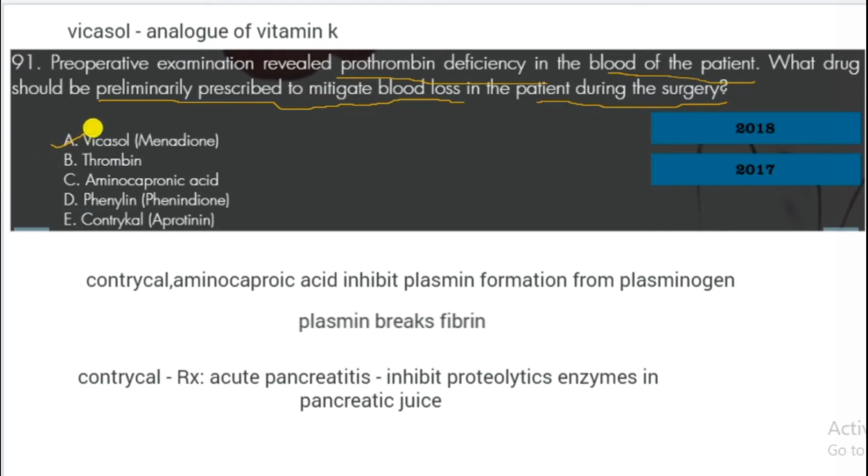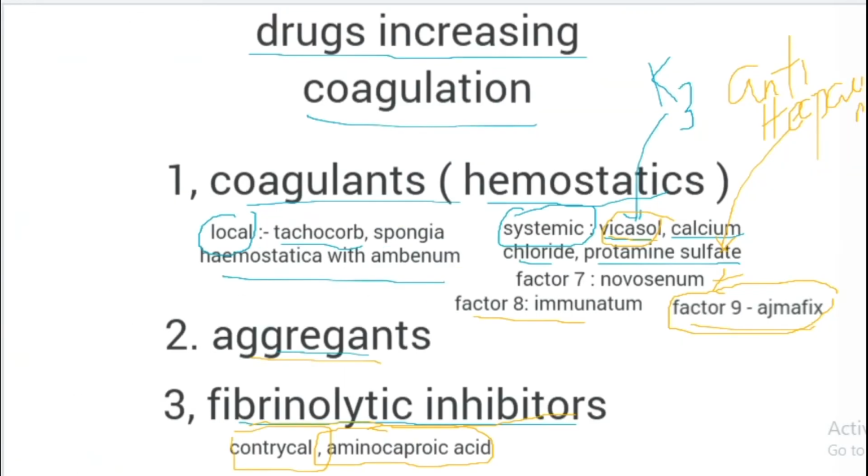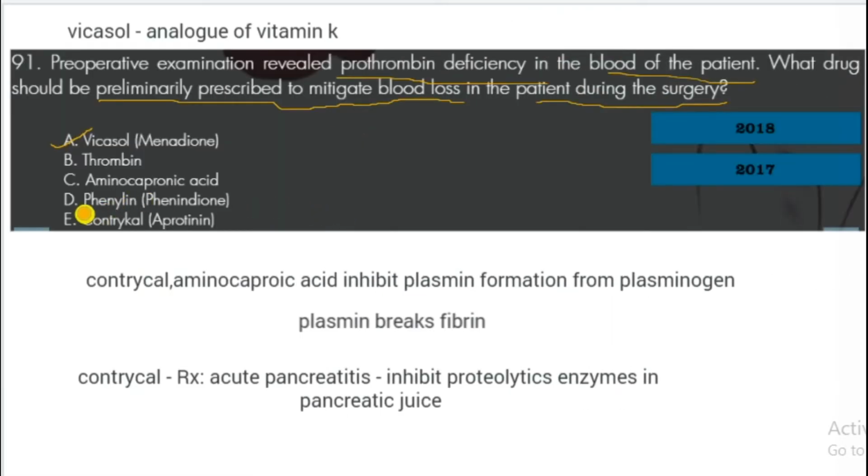That is Vikasol, vitamin K. Aminocaproic acid is an antifibrinolytic, and Contrykal is an antifibrinolytic. Contrykal and aminocaproic acid inhibit plasmin formation from plasminogen, and plasmin breaks fibrin.